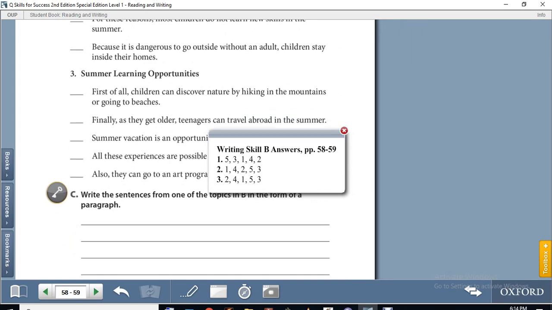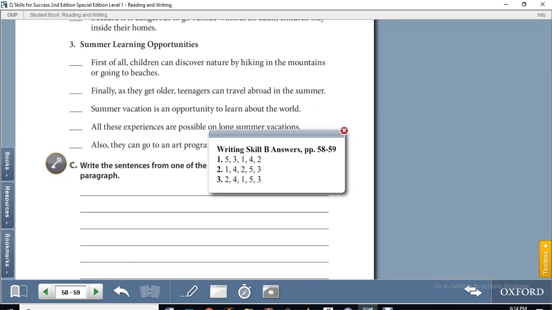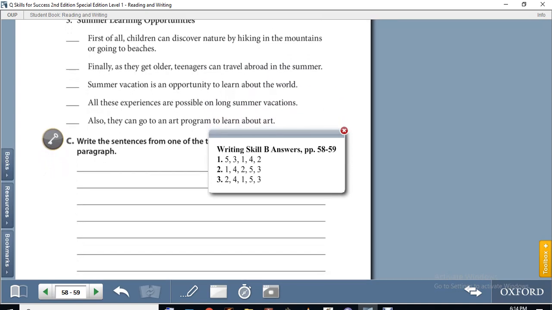The third group, summer learning opportunities. The first sentence, which is also the topic sentence, of course. "Summer vacation is an opportunity to learn about the world." So this is number 1. Number 2, here: "First of all, children can discover nature by hiking in the mountains or going to beaches." So it's number 2.